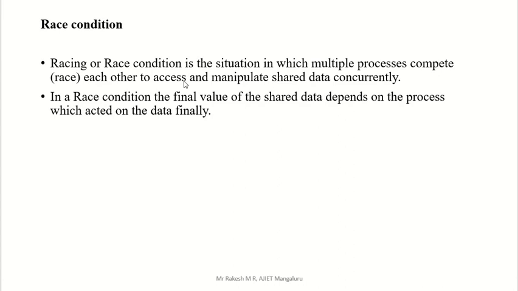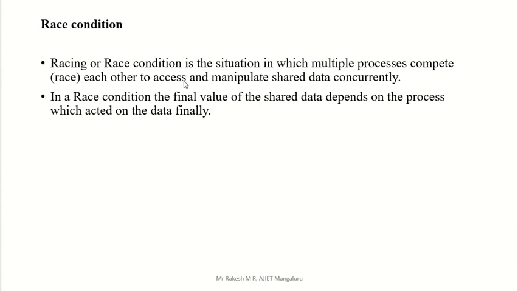These two processes synchronizing each other means there are some conditions. Consider we have one resource, either a printer or a scanner. One resource is there and two processes are there. Both processes, P1 and P2, want to access that resource for execution. How is that accessed?